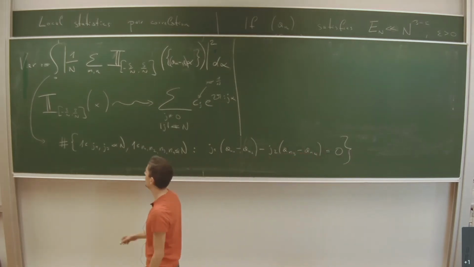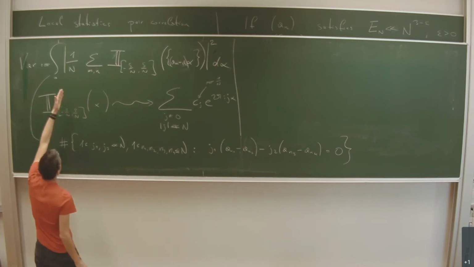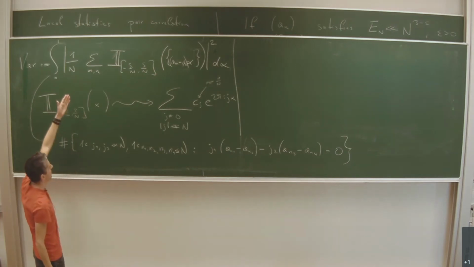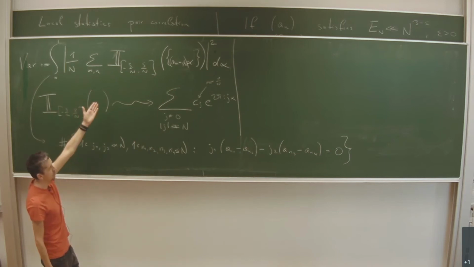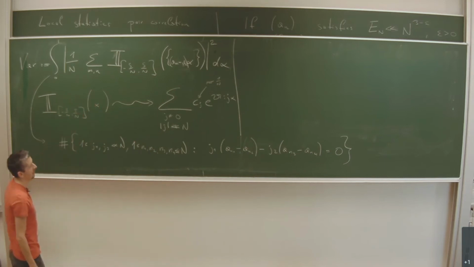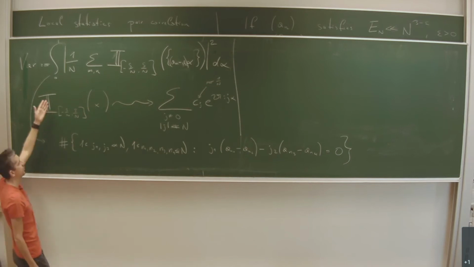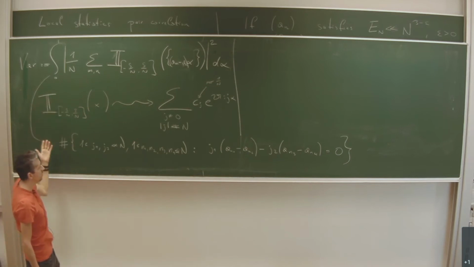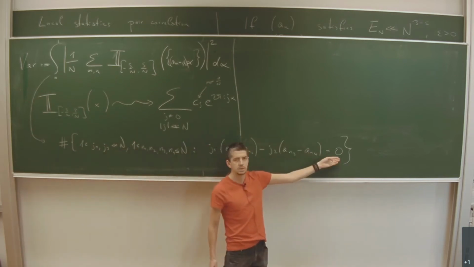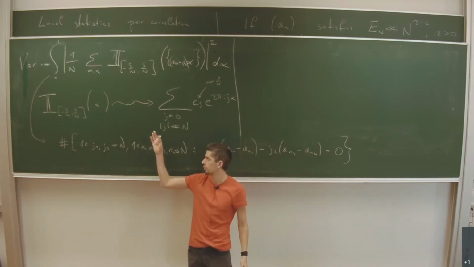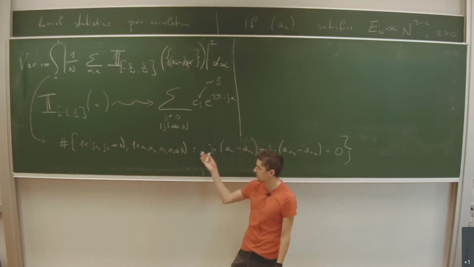So what we have done here is we have approximated the indicator function by a trigonometric polynomial we have squared out. We use the orthogonality of the trigonometric system, so when we integrate here, then we only see a contribution if this whole expression here is 0. These are the only things that contribute to the variance, and now we have to count these.